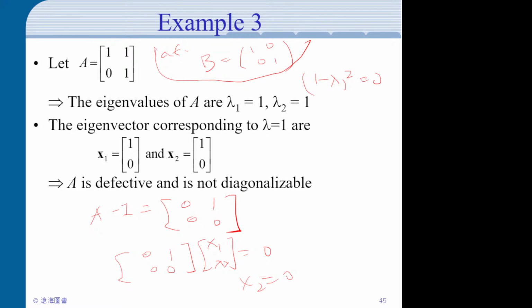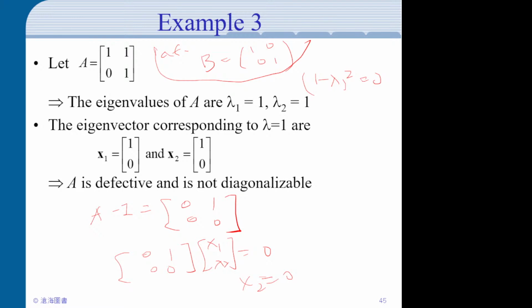So even though you have 2 roots for your characteristic polynomial, you only have 1 eigenvector here. Basically the only eigenvector is the 1, 0 vector and its multiples.